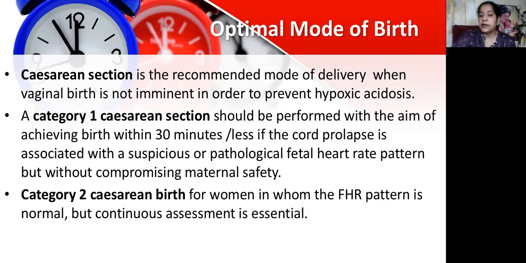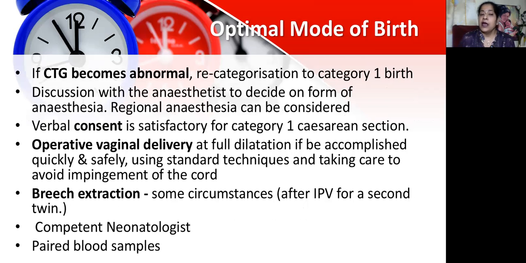Category 2 caesarean birth is for women in whom the fetal heart rate pattern is normal but continuous assessment is essential. If the CTG tracing becomes abnormal during that period, recategorization into category 1 birth would be essential.